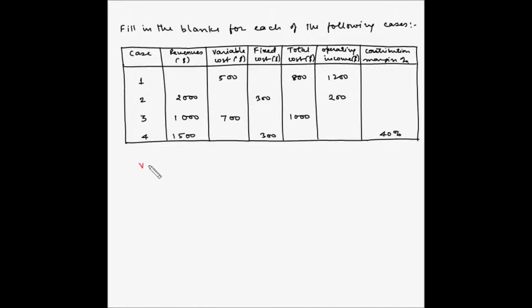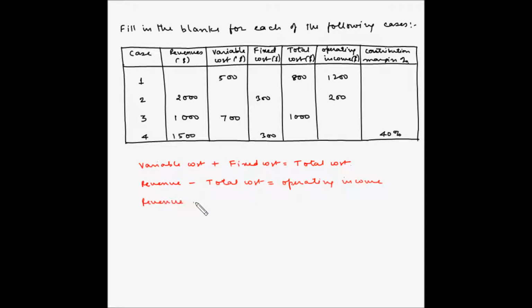So we have variable cost plus the fixed cost is equal to total cost. Then revenue minus the total cost is equal to operating income.